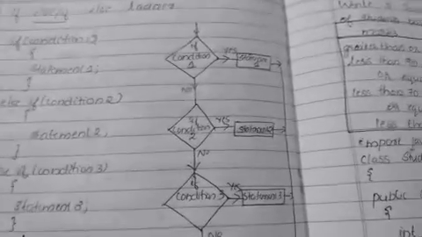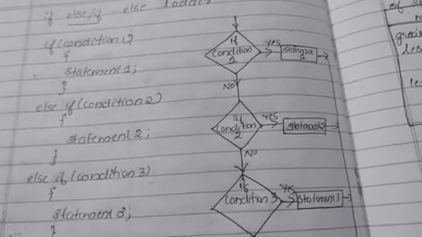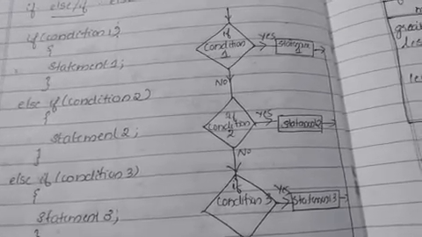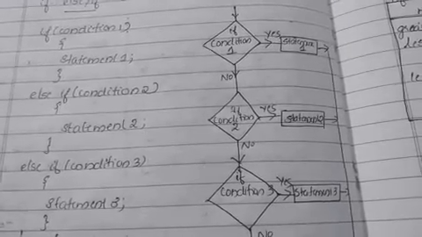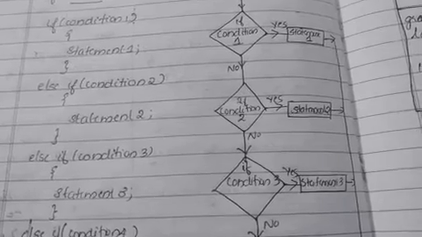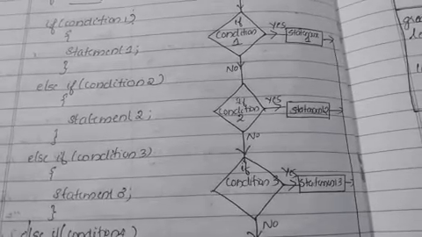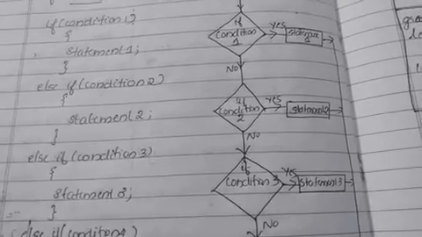So in order to check multiple conditions, we are using this if else ladder. In this case only one condition will be true. So this is about the if else ladder.